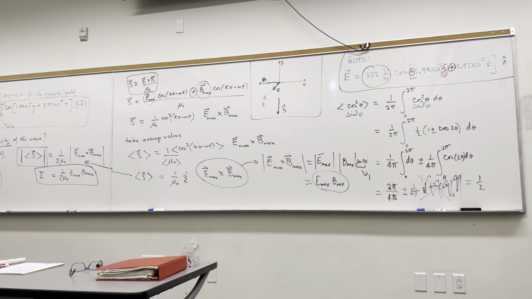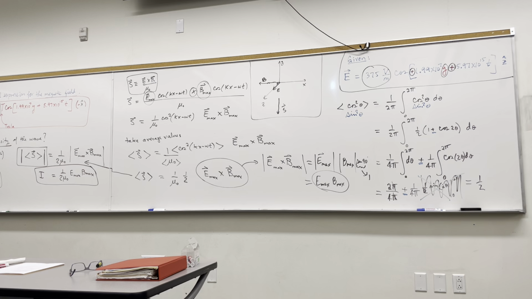Remember that I said that both the electric and the magnetic fields of an electromagnetic wave are perpendicular to one another. So what is the cross product of 2 vectors that are perpendicular to one another? What is the magnitude of this cross product? It would be the magnitude of the electric field times the magnitude of the magnetic field times the sine of the angle between them, which is the sine of 90 degrees.